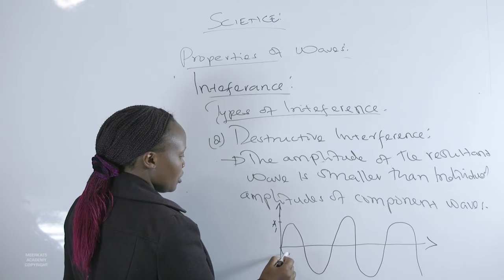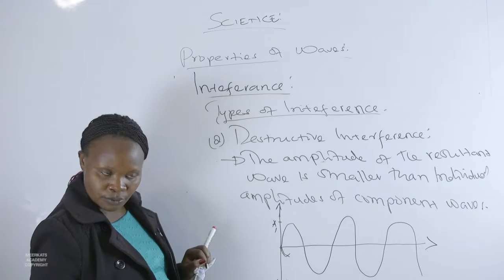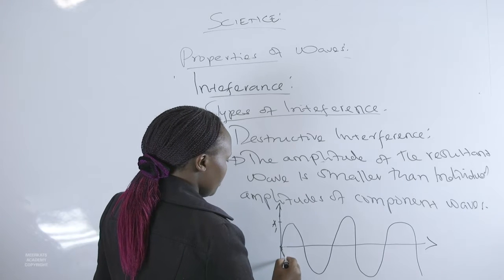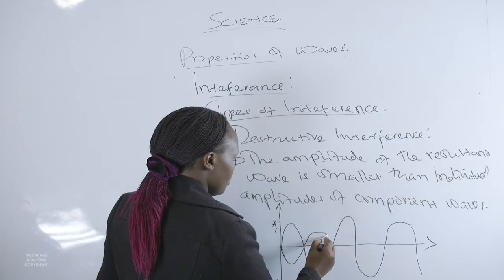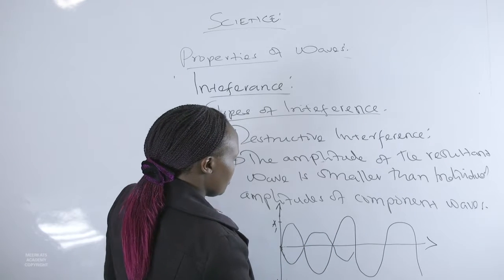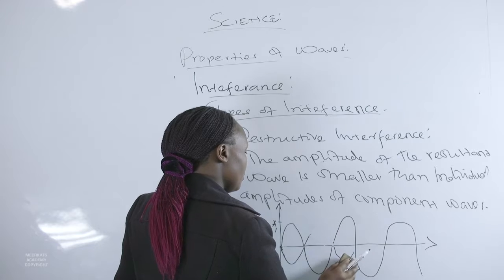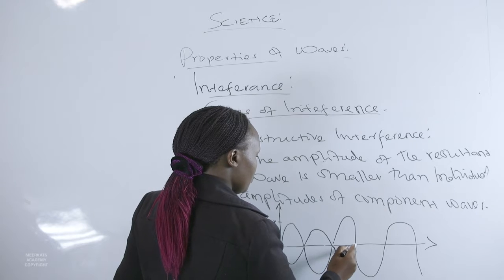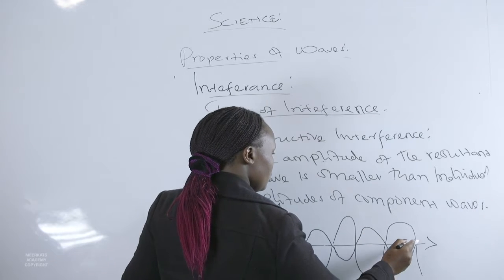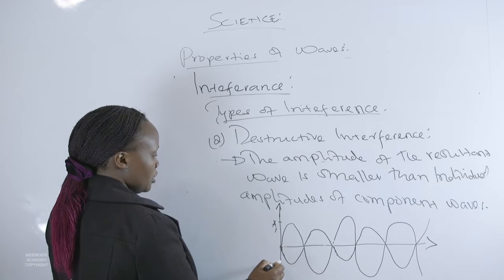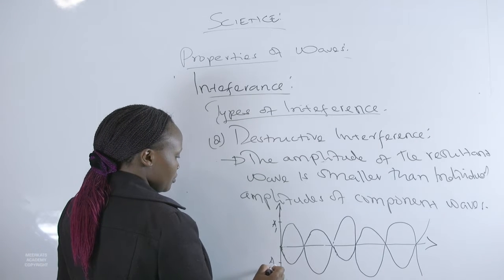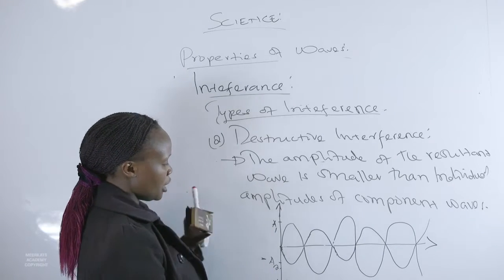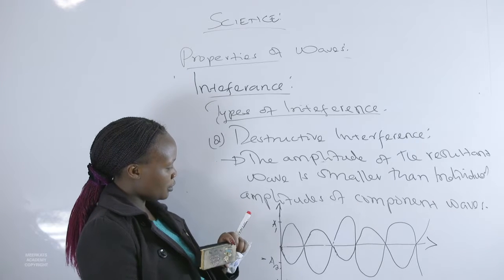Then we can have a smaller wave, with amplitude A2. In this case, we take direction into consideration and call it negative A2.